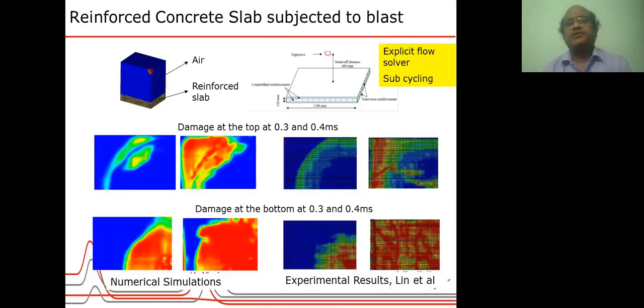This is another example of failure of a reinforced slab when subjected to air explosion pressure. There is a slab at the bottom, the gray color, and at the top in the air there is a small red sphere, which is higher pressure, and the pressure wave travels from there and hits the structure. And the structure deforms and fails.